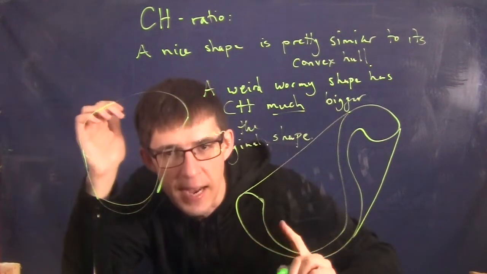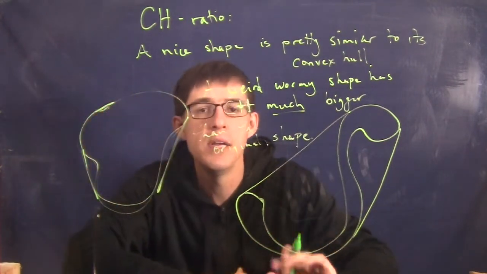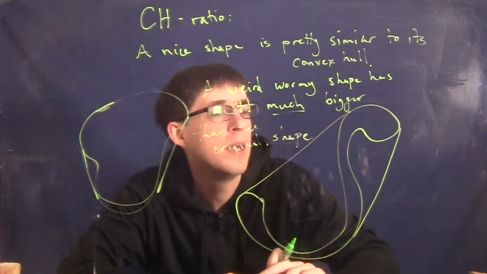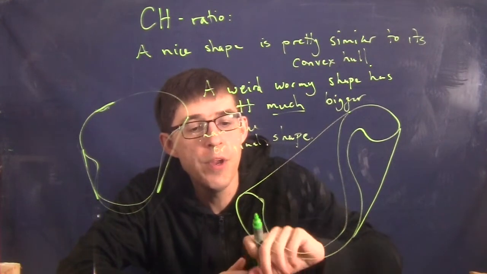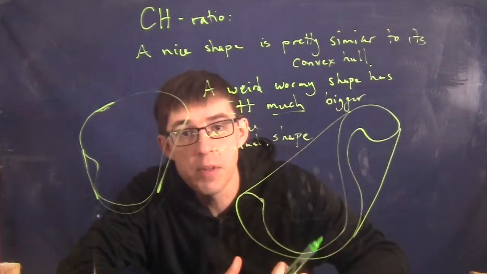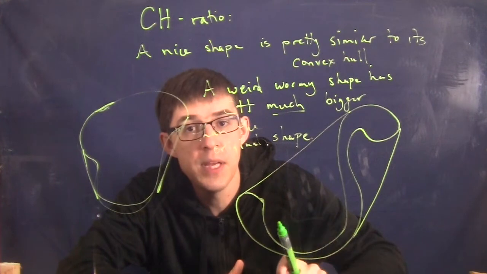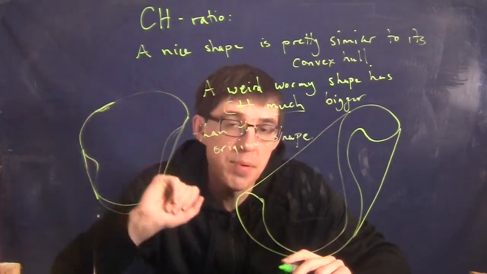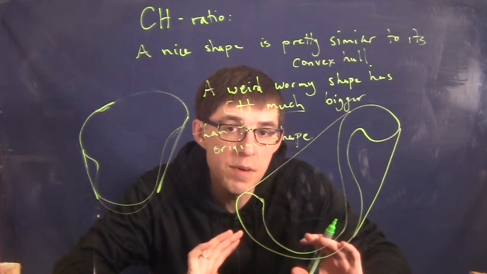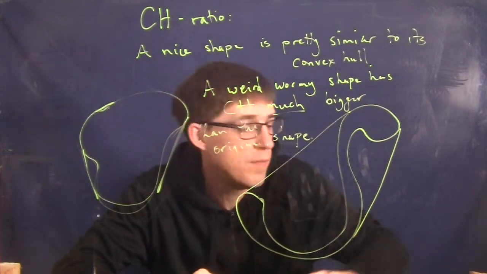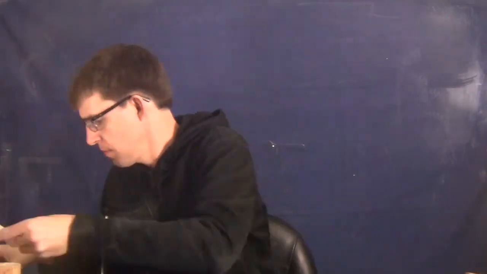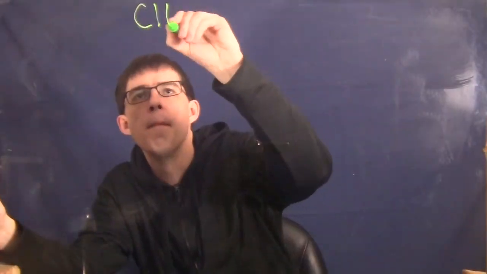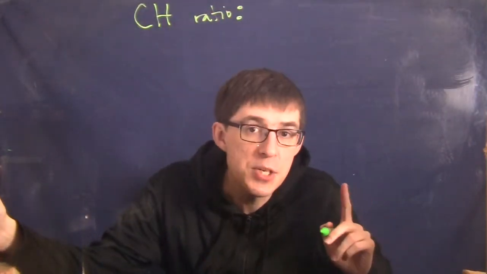This is where the basic idea of using the convex hull in this context came from. It came from the realization that a weird, wormy shape is generally going to be very different from its own convex hull, whereas a nice kind of blobby shape is already very similar to its own convex hull. All right, let's talk about how you actually make that number.